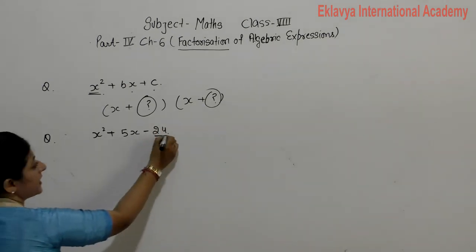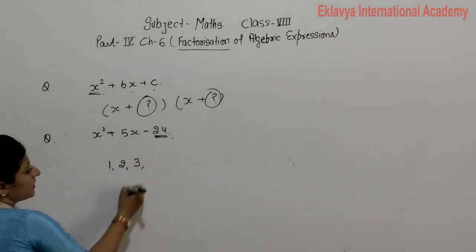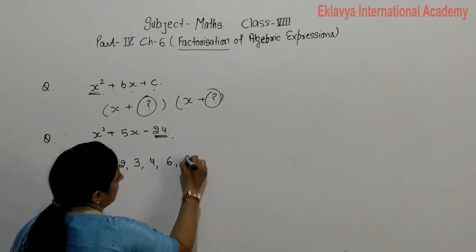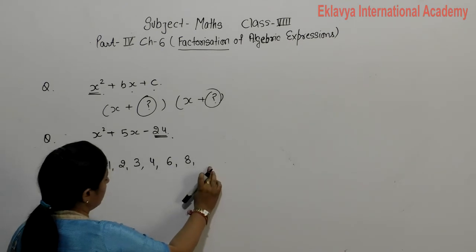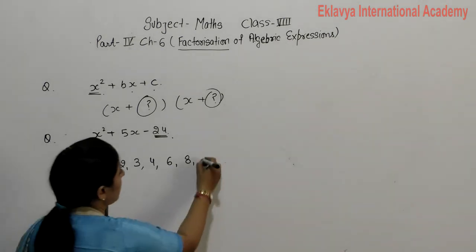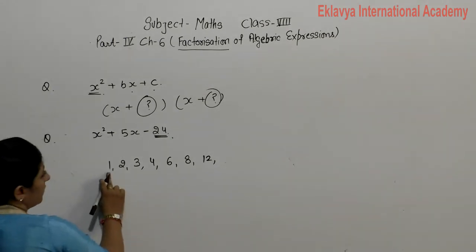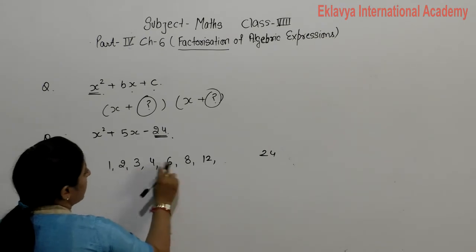Same, 24 factors: 1, 2, 3, 4, 6, 8, 9, 10, 11, 12. 1 into 24, 2 into 12, 3 into 8, 4 into 6.